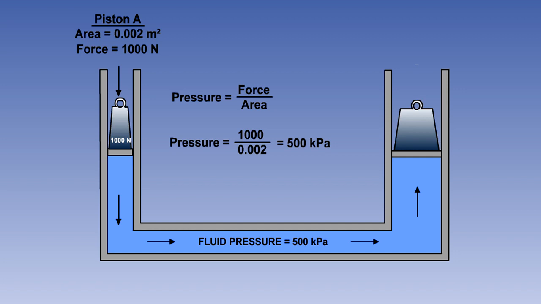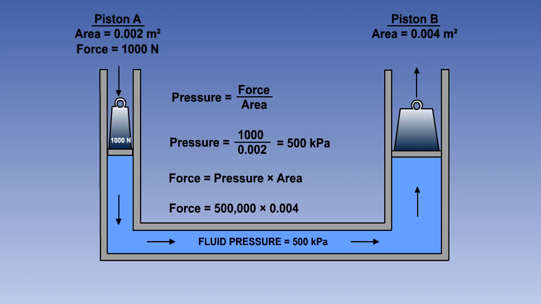According to Pascal, this pressure will be felt throughout the whole system. Piston B has an area of 0.004 square meters. It will therefore be able to support a force of 500,000 multiplied by 0.004, which is 2000 newtons.